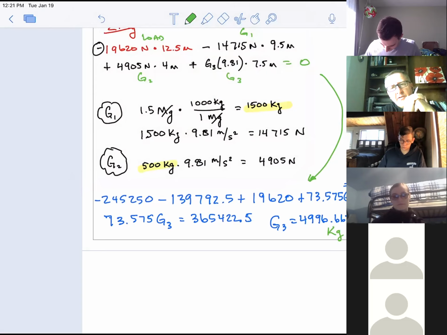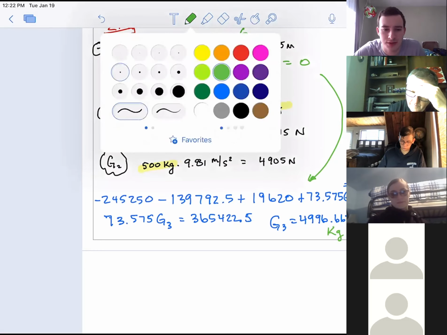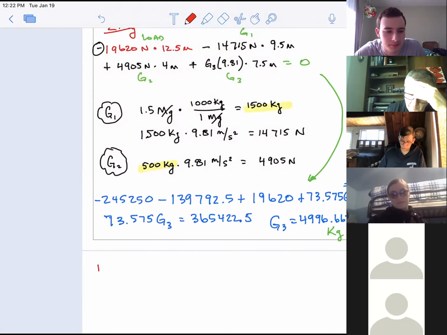What's the back of the book going to say? So that's right now, if I don't nitpick the details, which I'm not going to do on a test. But what's the back of the book going to call that? Probably 4.97 megagrams. Nice job. Okay.